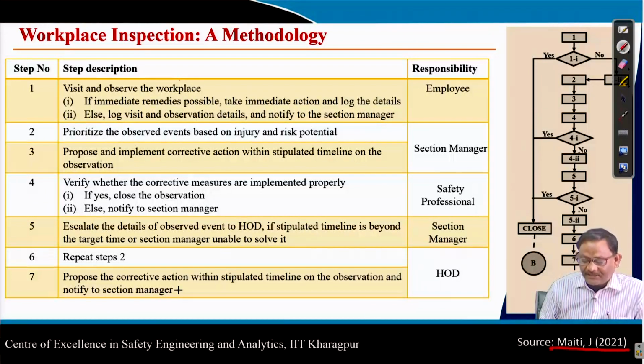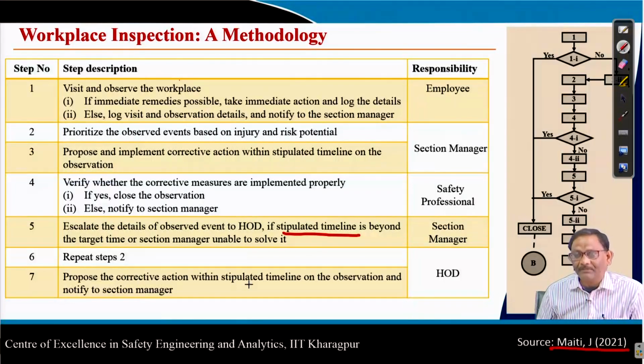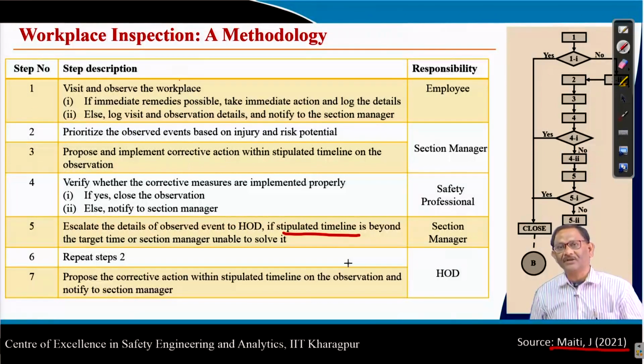Now if things are not done within the stipulated time, then the requirement is that the authority who is entrusted to do this has to inform the higher level. Some amount of escalation is required, because safety and health of people at work is a very, very major issue. We cannot ignore it.